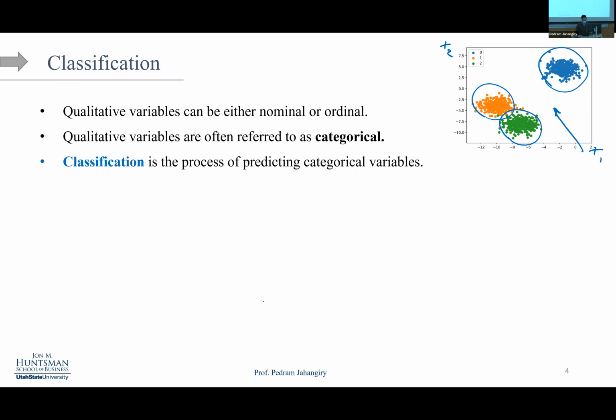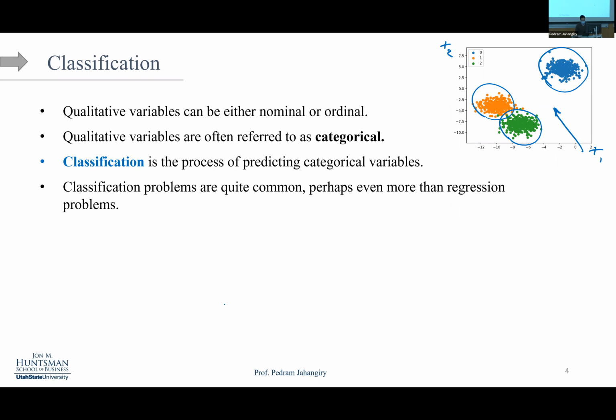Classification is the process of predicting categorical variables. That's the formal definition of classification, and this is really important. Classification problems are quite common, even more common and relevant than regression problems.